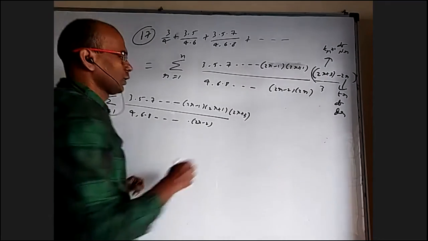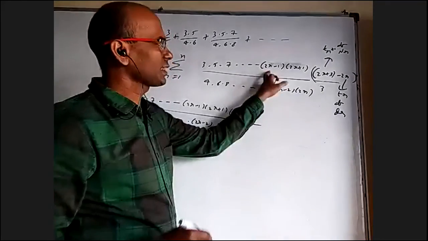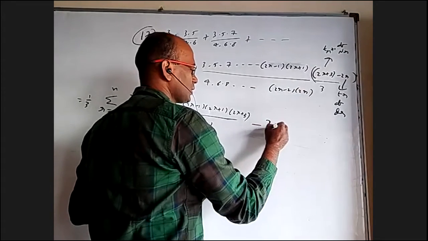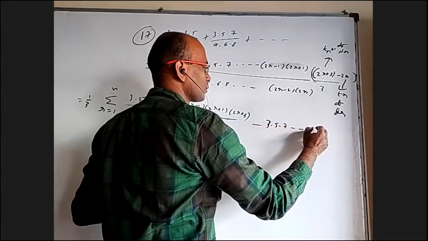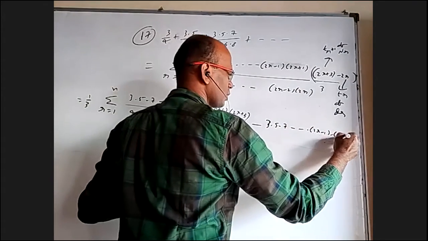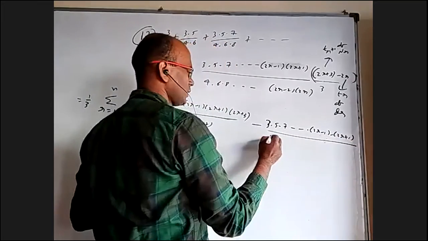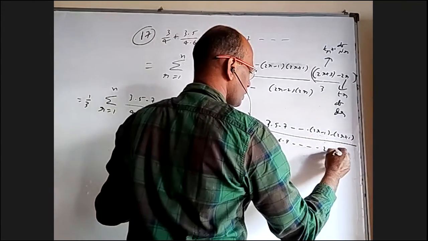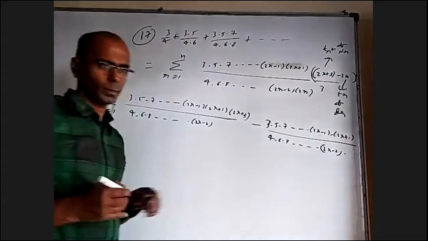Next, when I take this into this, 2r will get cancelled. I will get 3 into 5 into 7 and so on up to 2r minus 1 into 2r plus 1, by 4 into 6 into 8 and so on up to 2r minus 2, no, 2r.